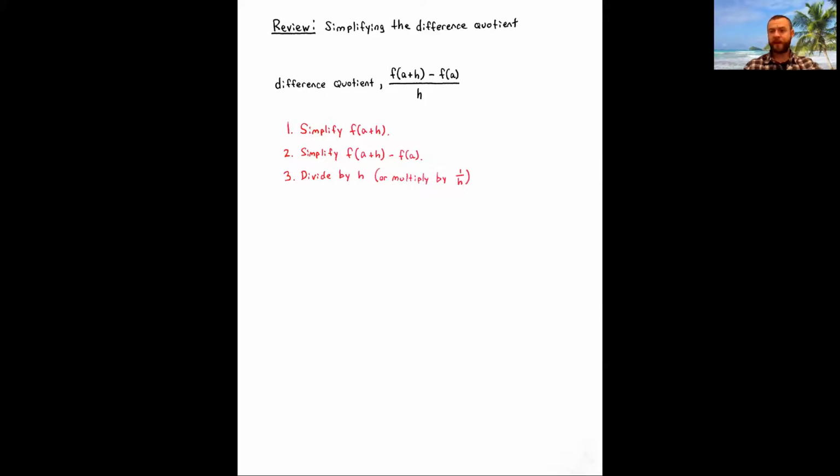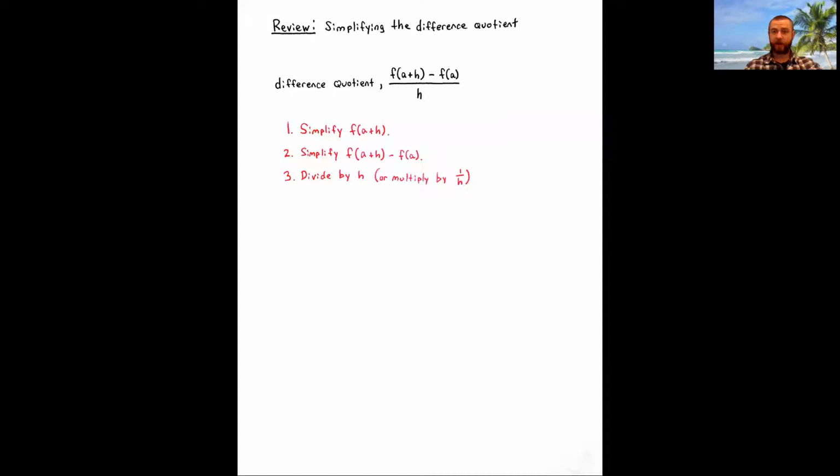And then once we've simplified that thoroughly, we then basically divide by h. Or equivalently, when you divide by a number, it's equivalent to multiply by the reciprocal. Sometimes it's beneficial to divide by h. Other times when dealing with fractions, it might be better to multiply by 1 over h.